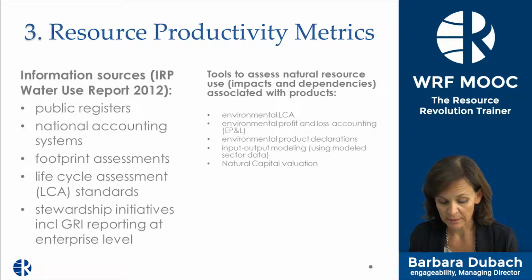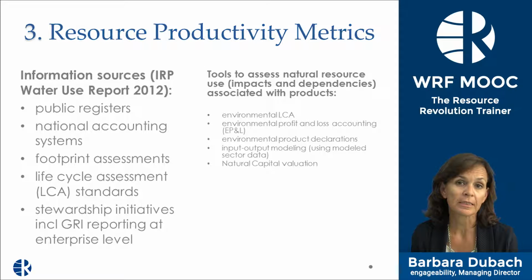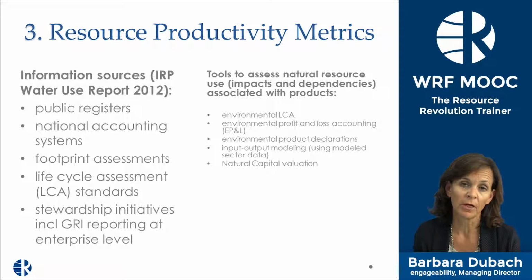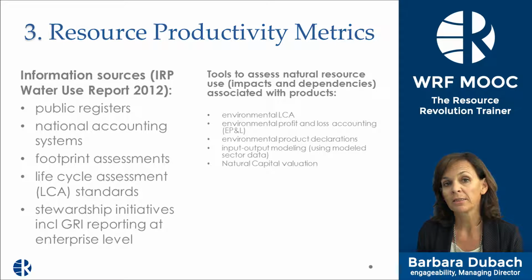Other sources of information for reporting, especially at enterprise level, are, for example, the Global Reporting Initiative's guidelines and guidance. And if companies are interested in assessing environmental impacts and dependencies associated with products, a range of new tools exists.